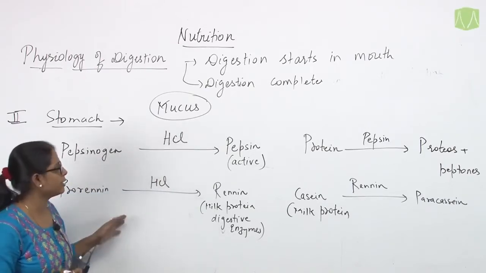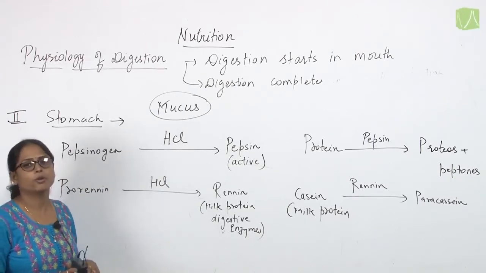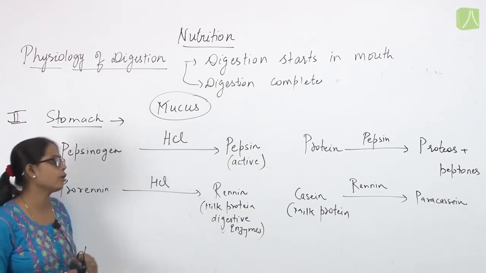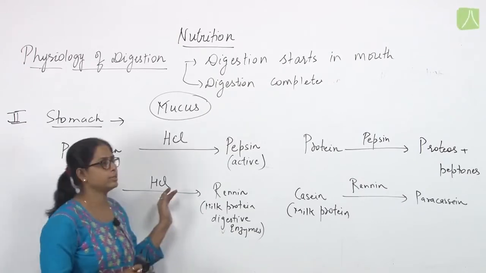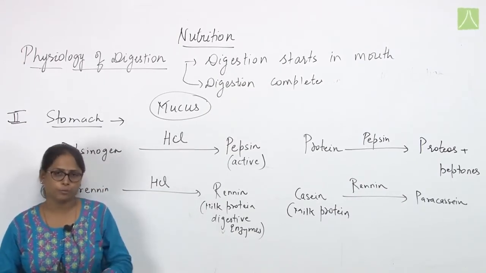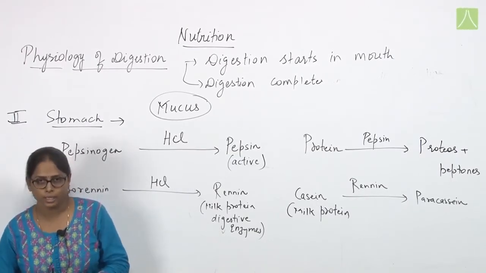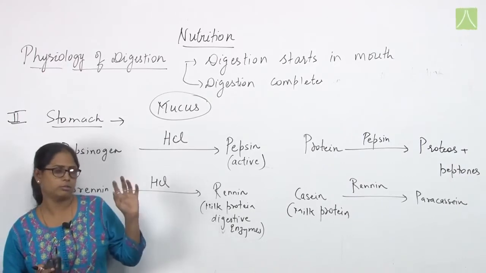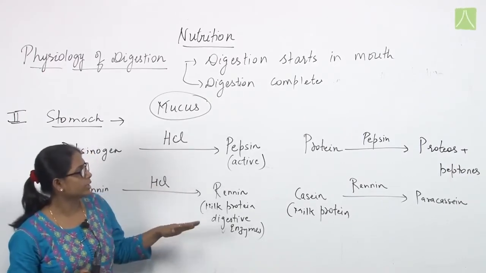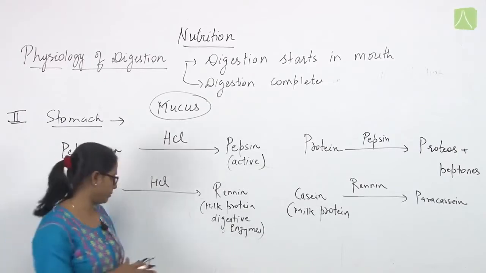That means it prevents the harmful action of HCl and protects the wall of the stomach from being degraded or destroyed by this HCl. So if HCl is secreted in the process of digestion of protein, another pathway, that is mucus, is also secreted to inhibit, or you can say to suppress, the harmful action of HCl as well.